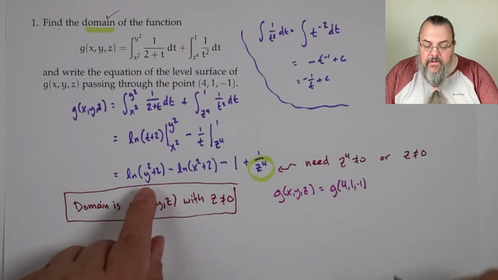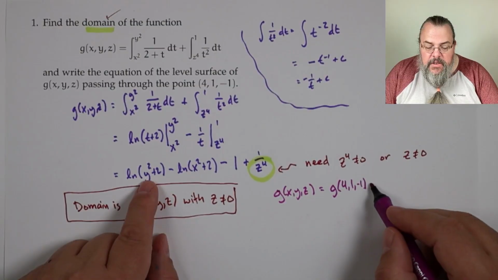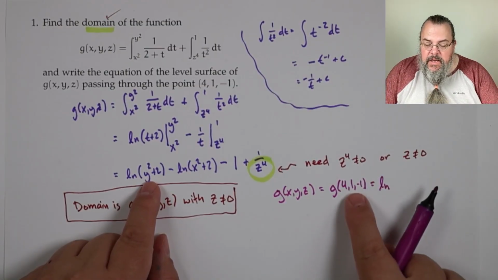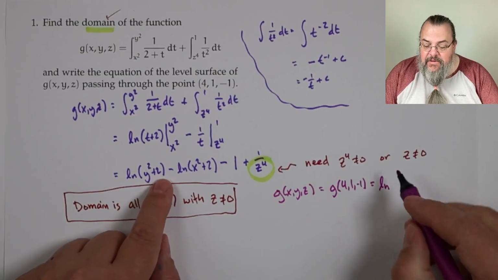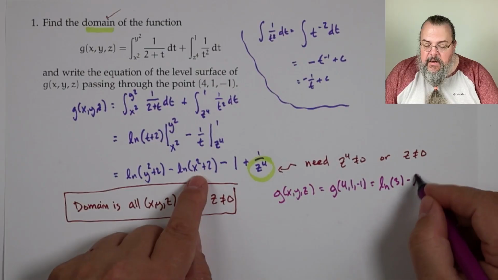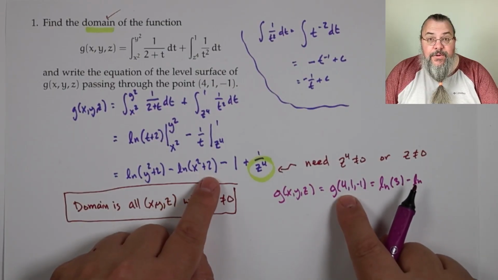So for us, let's go ahead and plug it in. G of 4, 1, minus 1. Well, that would be log. And now we have 1 squared plus 2. So that's log of 3. Minus log. Now here it's 4 squared plus 2.